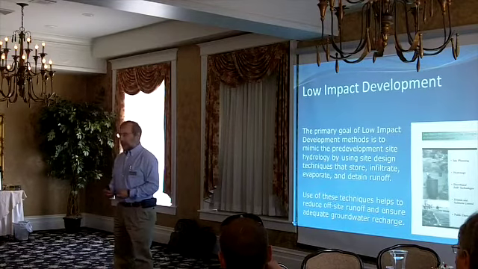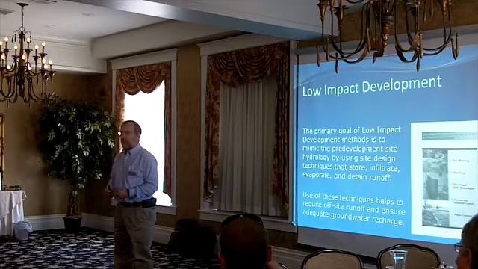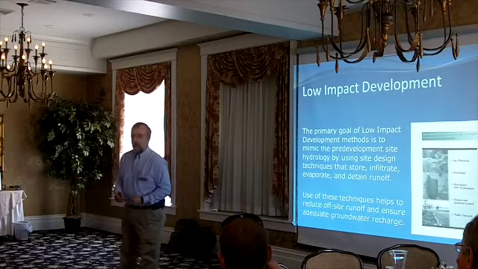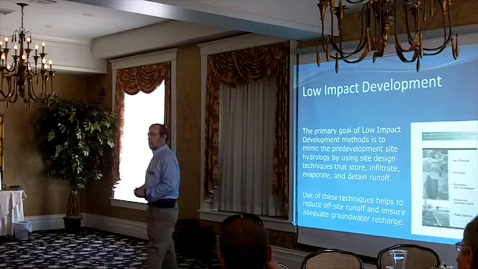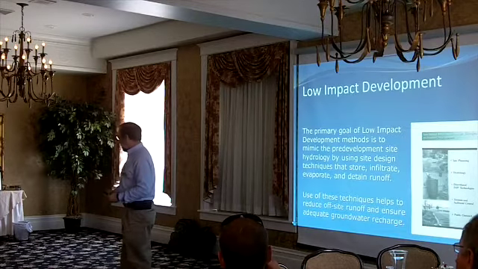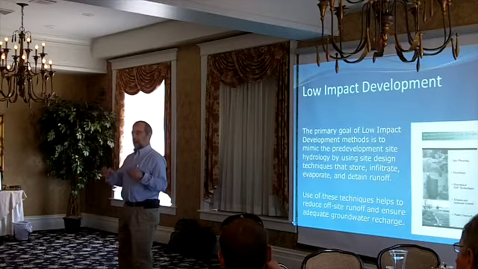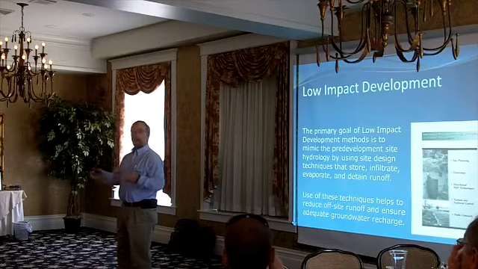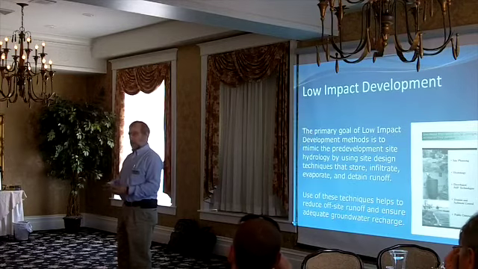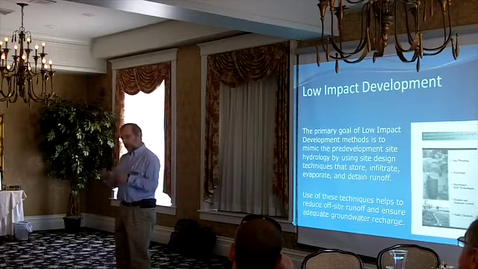I noticed in my slides, somehow over the years I have lost the word site design. It's really focused on the site level. There are some things that can be done on a broader, somewhat regional basis, but mostly at the site.